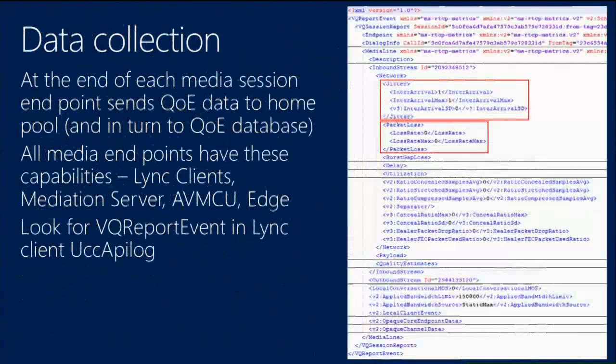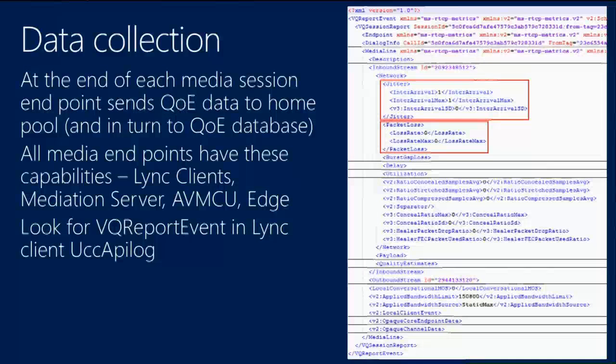So at this point, you have deployed, you have configured. So what next? Okay, so when all of this is set up, here is the story. The data collection starts on a client. The clients that are media endpoints, and this is pretty much all of our clients and also some of our server components like AVMCU, like mediation server, like Edge, are by default enabled to send a set of data that you can see on the screen at the end of each session.